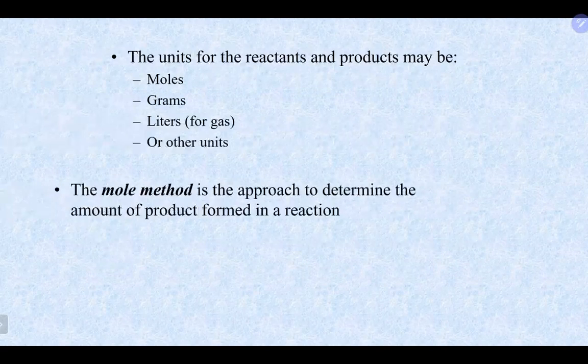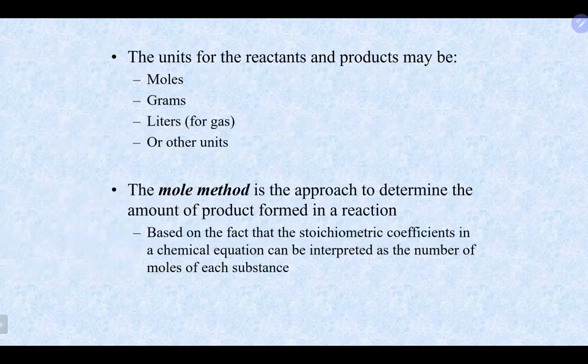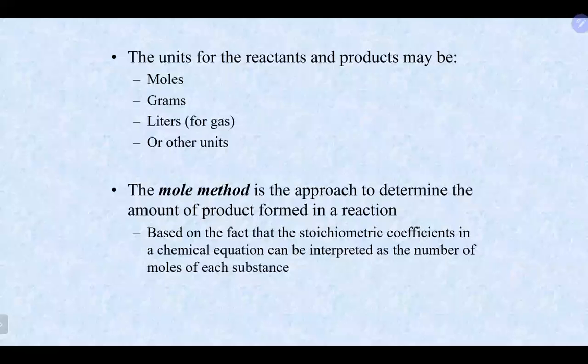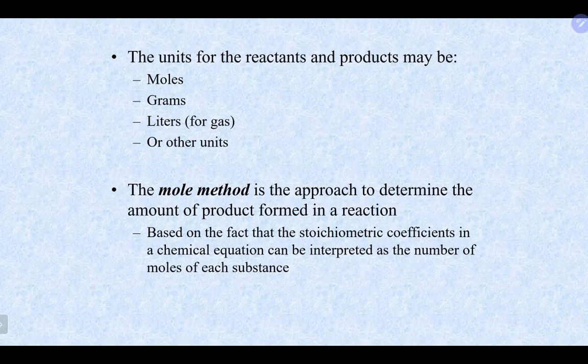So when we do stoichiometry problems, frankly, the units can really be anything. And as we go through some of the later chapters, we'll see stoichiometry again. In this chapter, for the most part, grams and moles is what we'll see the most in terms of units. But when we get into gases, it's very common to use liters. Also, when we get into solutions, molarity is another unit that's commonly used along with volume.